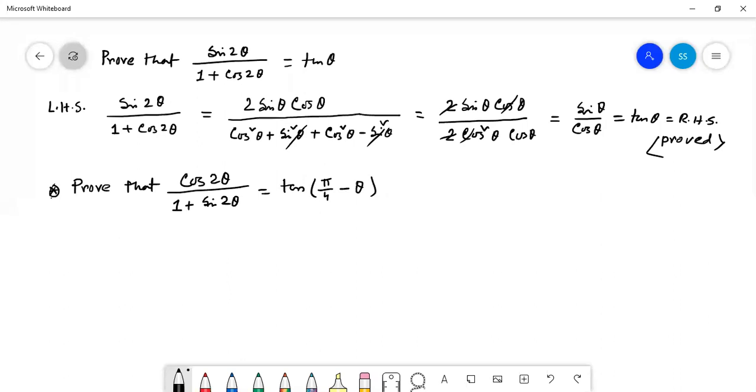We have to prove this. Now we are starting from the left hand side.